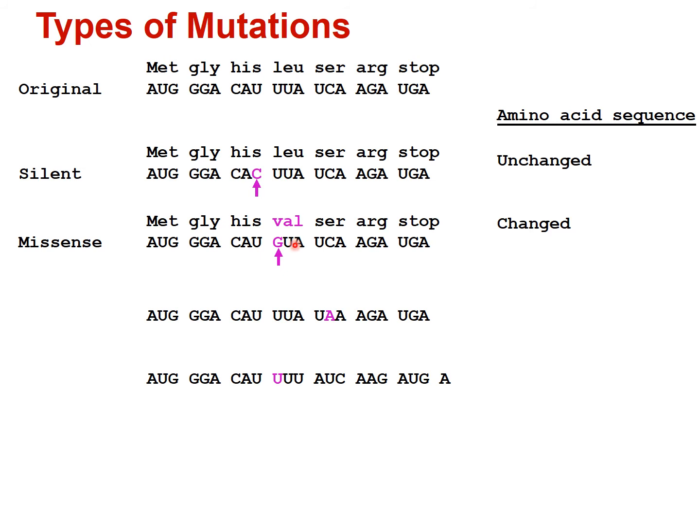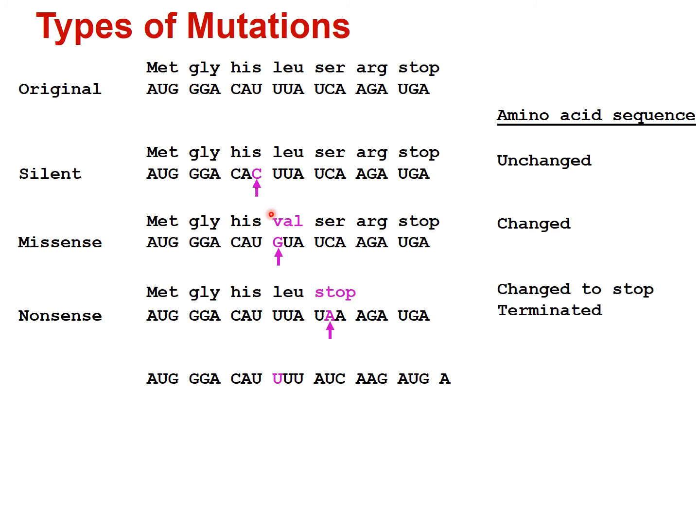Nice thing about this mutation is that leucine and valine are both hydrophobic and very similar kinds of amino acids. And the codon table, when you look at it, you'll see that there are, again, lots of places where even when the amino acid is changed, it changes to a different amino acid that has very similar properties.